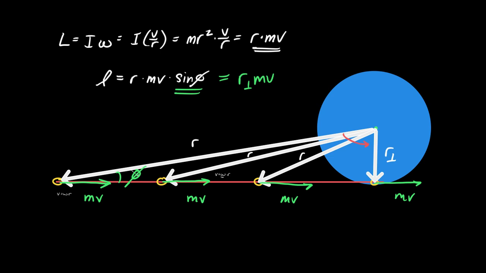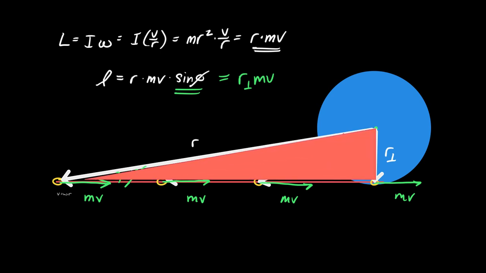Triangle number 1. Triangle number 2. Triangle number 3. Do you see how each triangle goes to where I put those little stop markers?